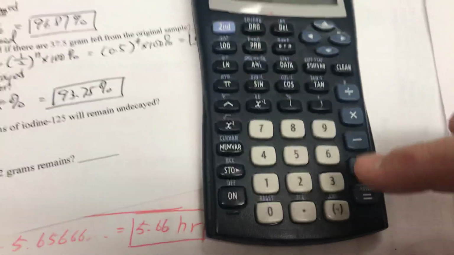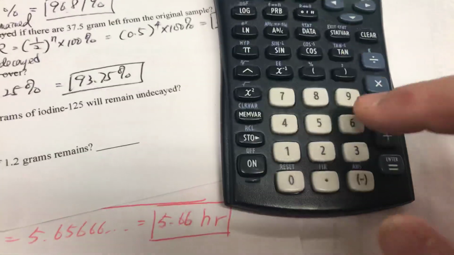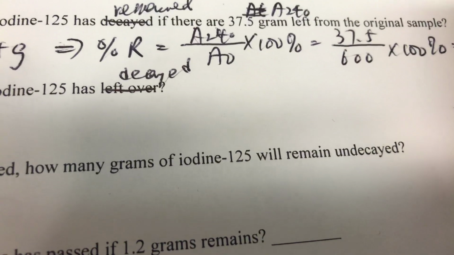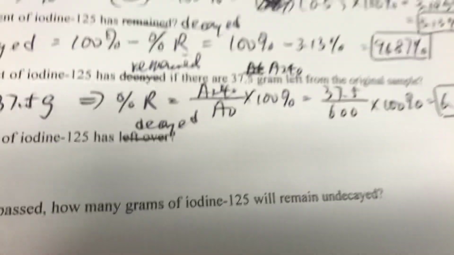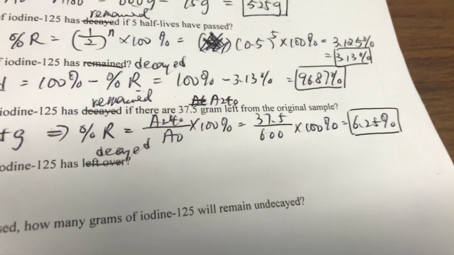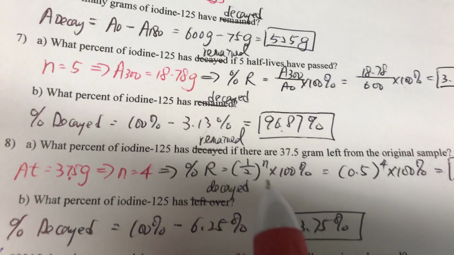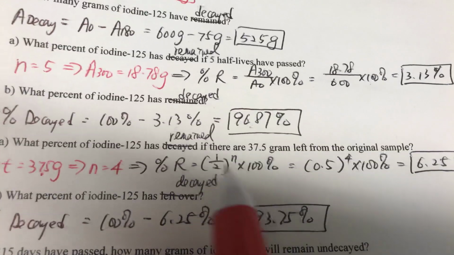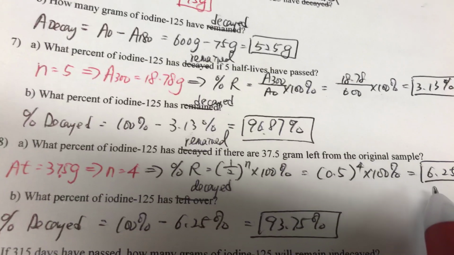If I punch in the calculator, 37.5 divided by 600 times 100%, I will get 6.25%. It's the same answer as when I used the half-life. I get the same answer.